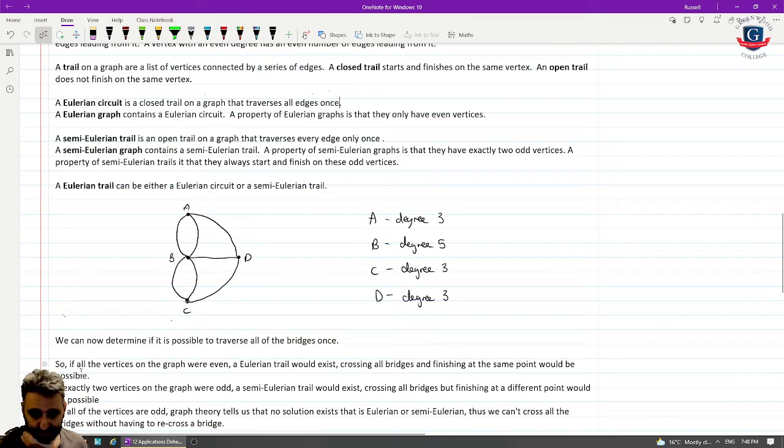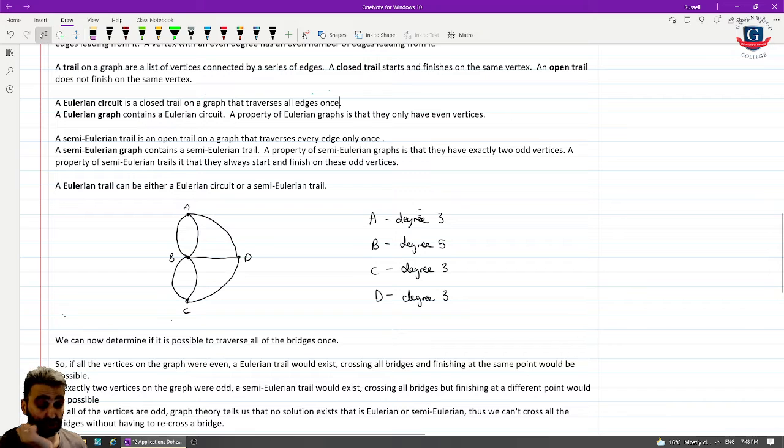Well, if all the vertices on the graph were even, we could get an Eulerian circuit. But we can't do that because, as we can see here, they're all odd. If exactly 2 vertices on the graph were odd, we could create a semi-Eulerian trail, and thus we'd call this a semi-Eulerian graph. But unfortunately, all 4 are odd.